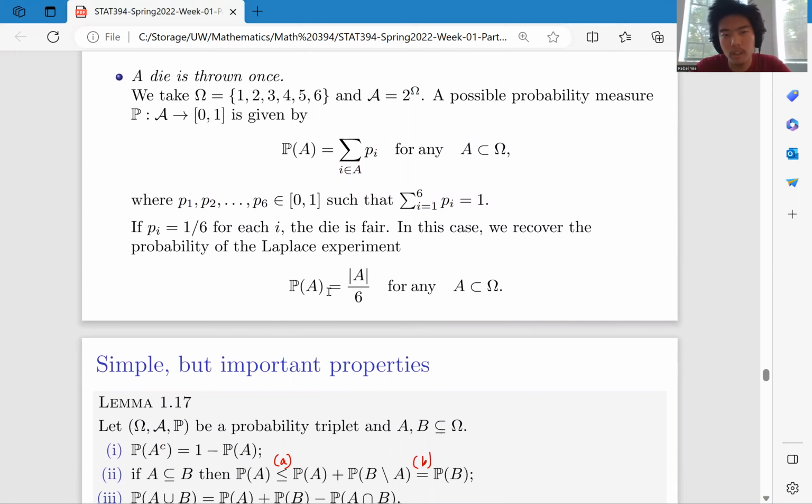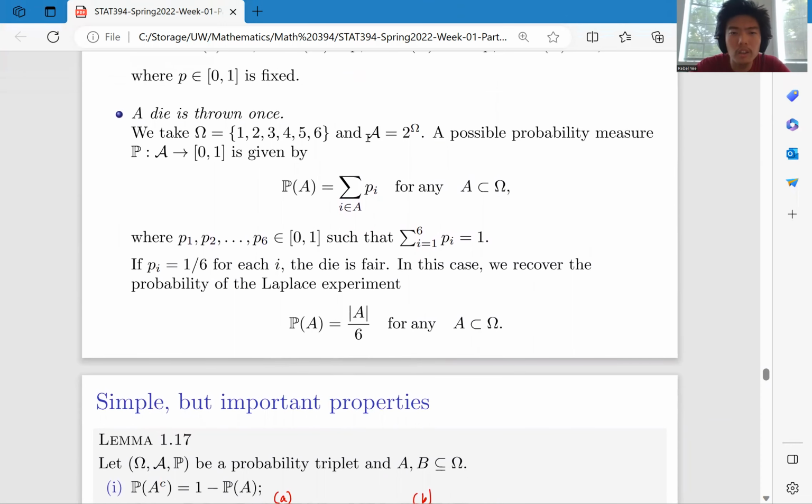And here we'll say the event space A is equal to the power set, and the probability measure is given by, for any event inside the sample space, the probability that event A happens is equal to the sum of all the simple events Pi. And here we already defined Pi as P1, P2 to P6, and they're all in the range of 0 to 1.